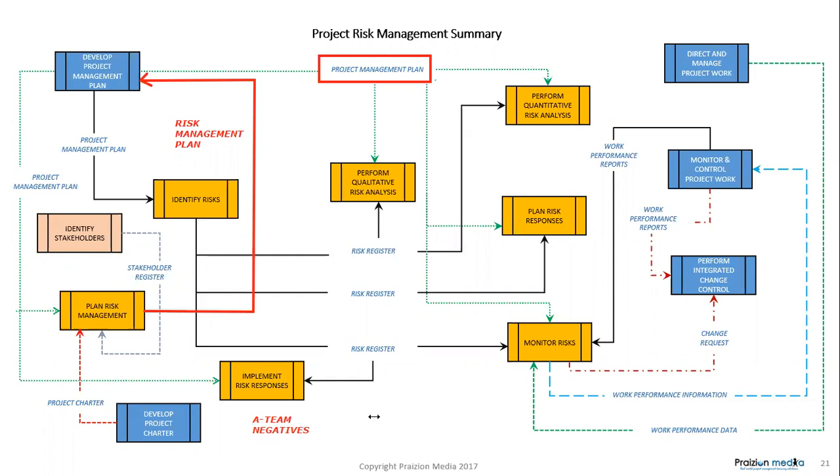And then for the positive risks, we have a mnemonic, which is easy. Escalate, accept, share, exploit, and enhance. These will help you with your recall on the PMP exam.